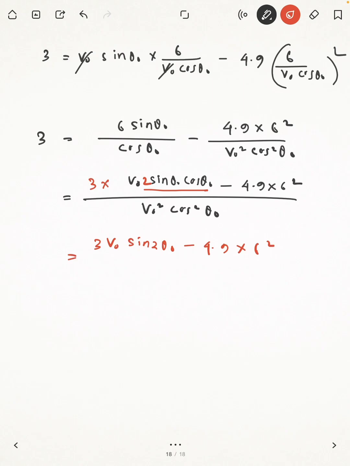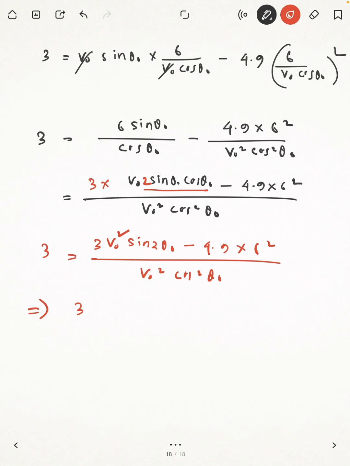And here we have v naught square cos square theta naught, that should be 3. So if I solve for 3, here should be v naught square, sorry.